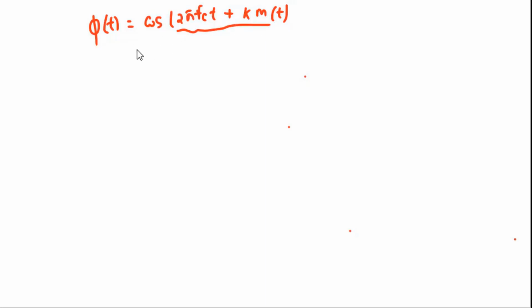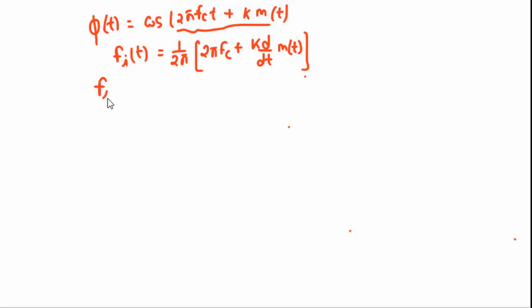When you differentiate this, you will get f i of t as 1 by 2 pi, because I am not writing it in omega, I am writing it in f i, the unit in hertz, times 2 pi fc plus k times d by dt of m of t.